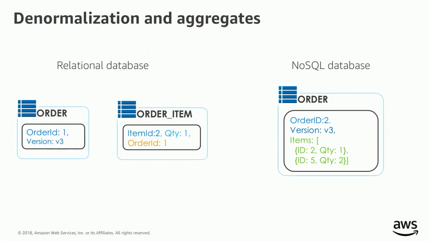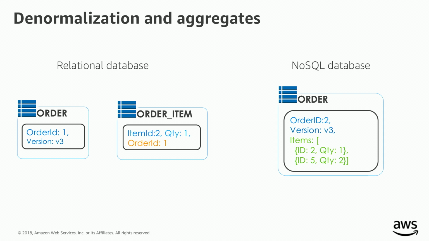Right. Awesome. So before we jump into the new content for this session, I'd like us to do a quick review of what we went over last time. So we talked about denormalization and aggregates as some of the key concepts in NoSQL data modeling, right? Going from relational database where we have multiple tables to NoSQL where we have aggregates, right?